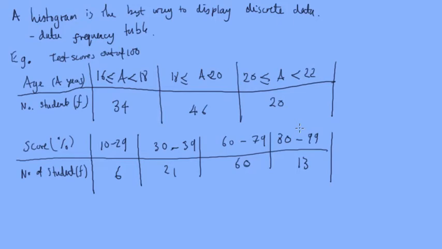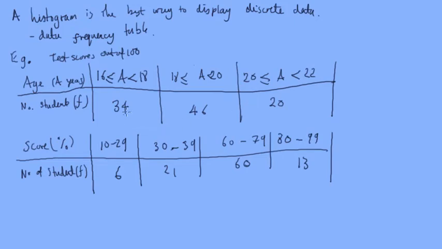So the first table up here shows 3 classes, so these are the 3 classes of continuous data, and there are no gaps between the classes because we've got 16 is less than or equal to the age, and it goes up to 18, but 18 is included in the second class. So you see there's no gaps in the classes.